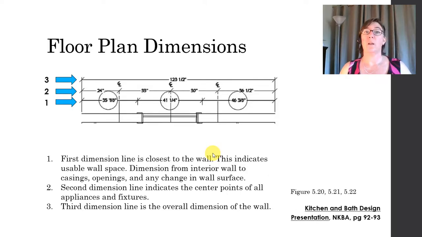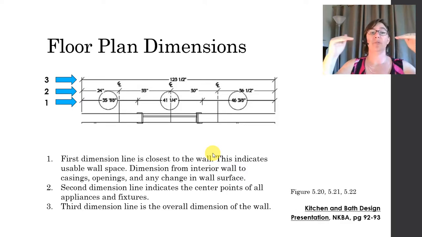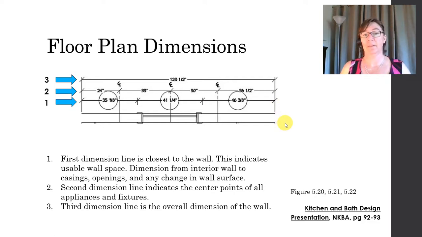For every wall in your floor plan, you are going to have 3 layers of dimensions. The first dimension line right here, closest to the wall, so here's our wall, it's got a window in it, right? Closest to the wall. And in this line, we're going to dimension any usable wall space.